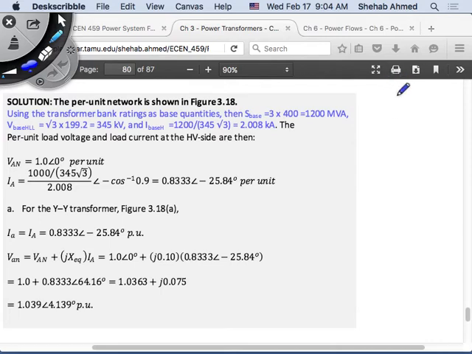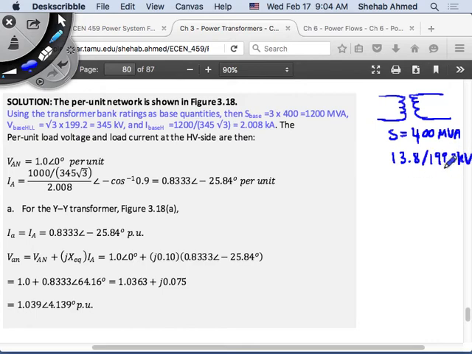We have these single phase transformers, where S is 400 MVA for the single phase transformer. The rating of the single phase transformer is 13.8 to 199.2 kilovolts, with X equivalent equal to 0.1 per unit. This is what we are given about the single phase transformer.